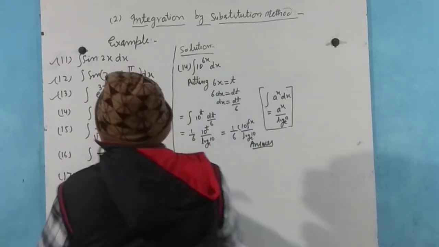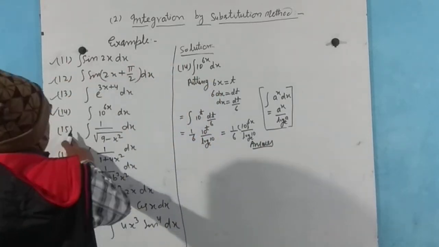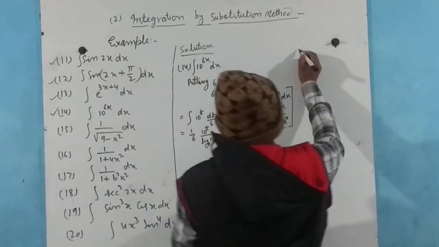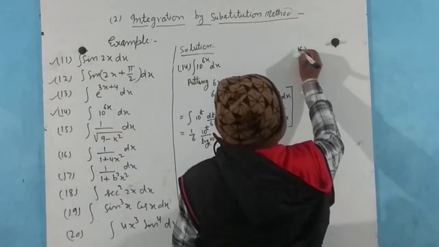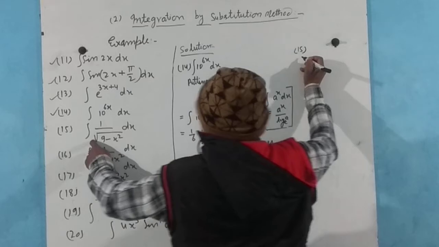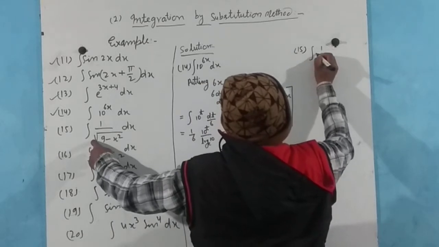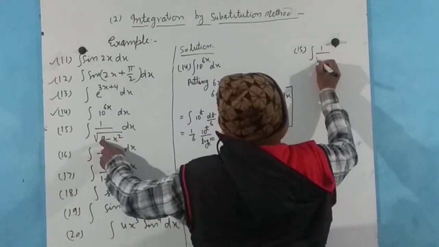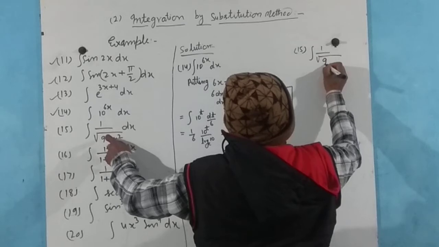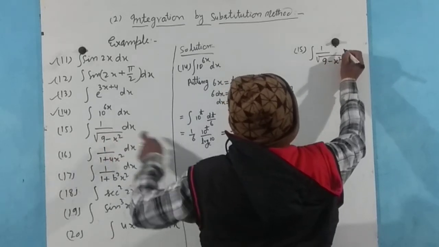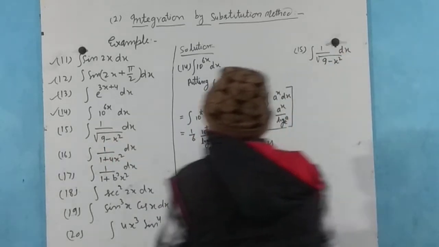Now we take question number 15. Here 15 is integration of 1 by under root 9 minus x square dx.